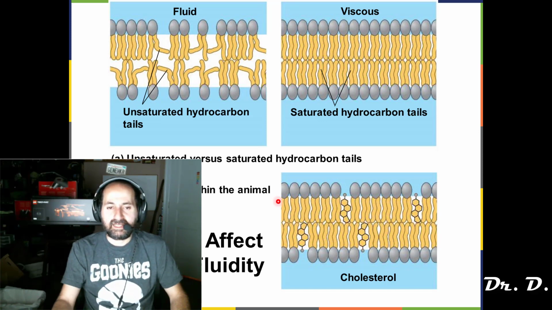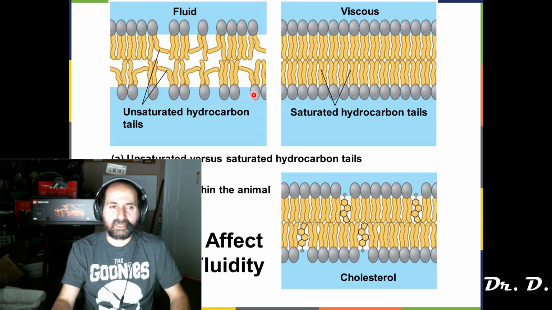Animal cells are much more prone to freezing when it gets cold than plant cells because of those saturated fatty acid tails. Remember, one property of saturated fatty acid tails is that they cause freezing at relatively high temperatures. Well, the cholesterol molecules, these steroids, keep the membrane moving.